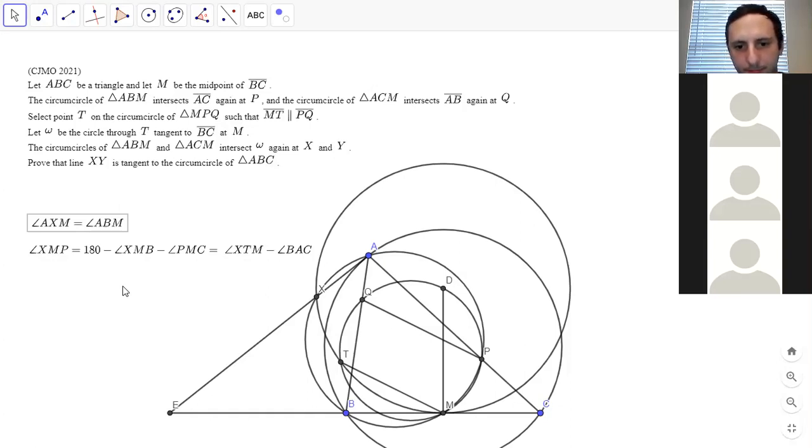So, in fact, we could just say angle XMB is half of angle XDM here.